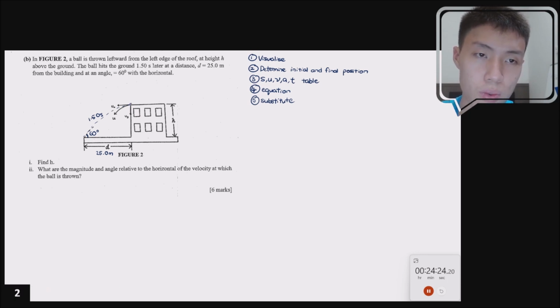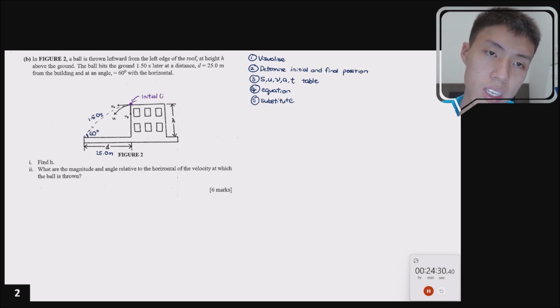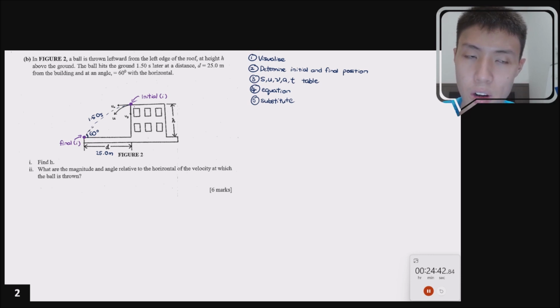So for question 1, we'll pick here, the top of the building, as our initial, then here, the bottom of the building, as the final position, because the y component of displacement will be equal to negative H later, and that's what we want to find. So we are done picking our initial and final positions.